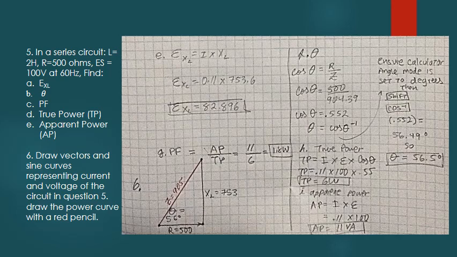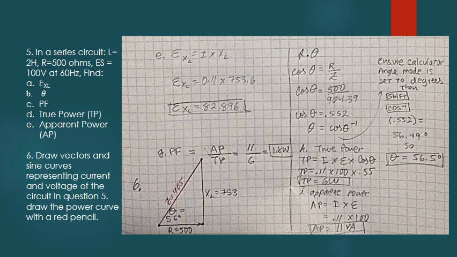Drawing the vectors for this problem, we use just a simple graph paper, squares as our scale, 1 square per, in this case, 100.